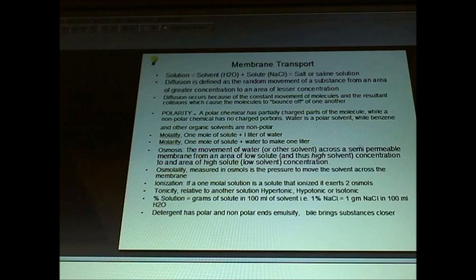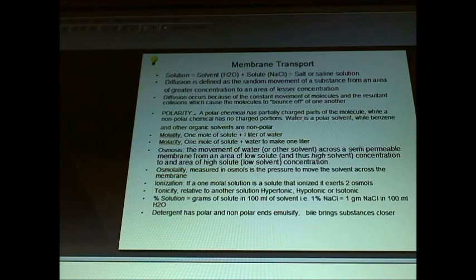The 1 molar solution is hypotonic compared to the 2 molar sodium chloride solution.